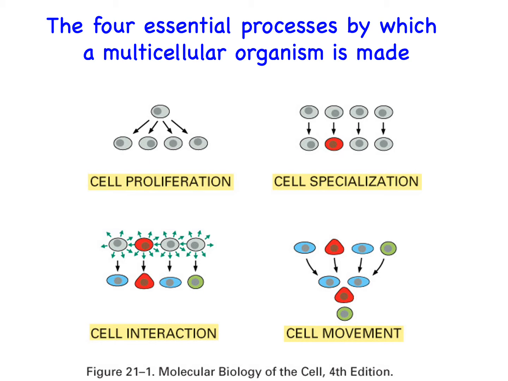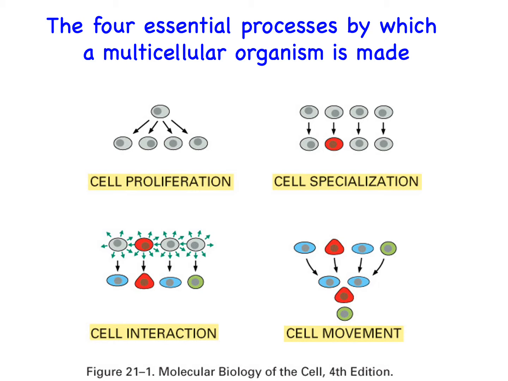There's another process called cell specialization, and that is after division. You get two daughter cells. In many cases, those daughter cells have different properties, and I'll show you an example of that. Maybe make that a little clearer in a minute.